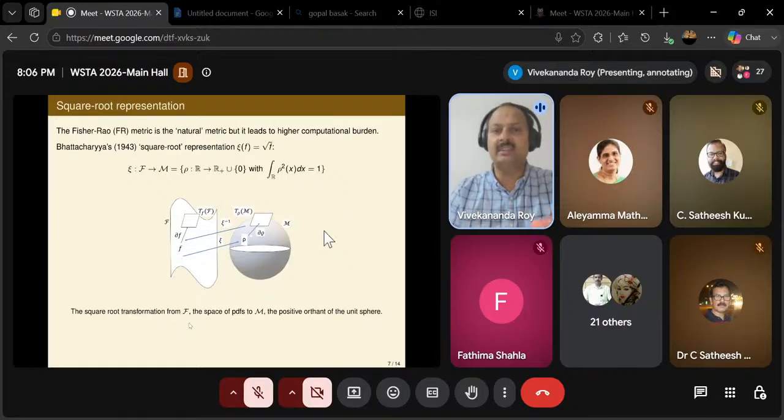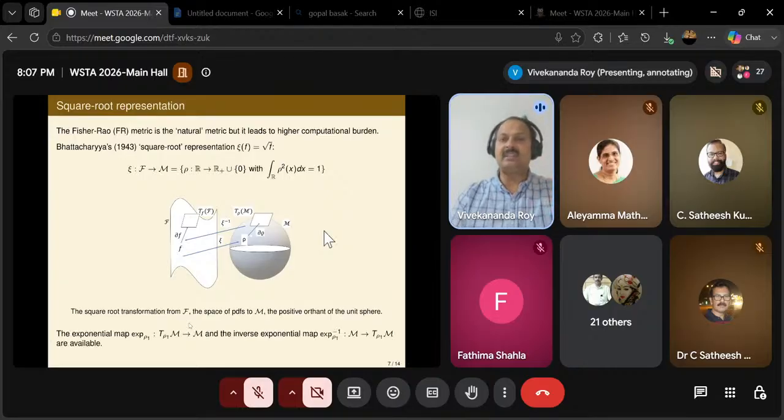Now you can see that the square root space can be thought of as the positive orthant of the unit sphere. The nice thing is that now I have the exponential map, the logarithmic map, the inverse exponential map, all in closed form from the geodesic distance, which is the length of the arc. And remember, I can always take the square to go back to the original space.